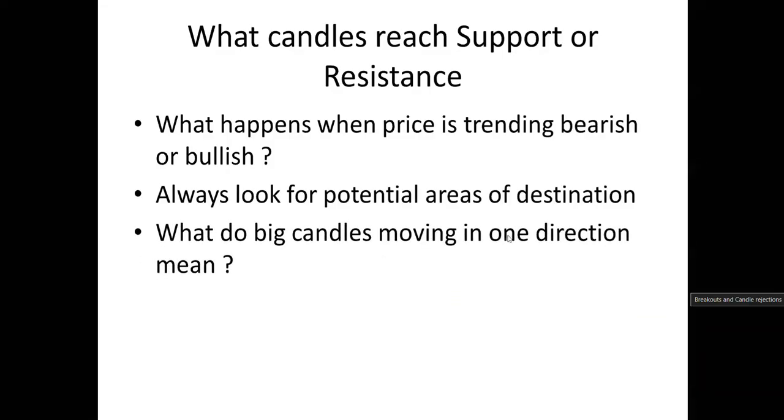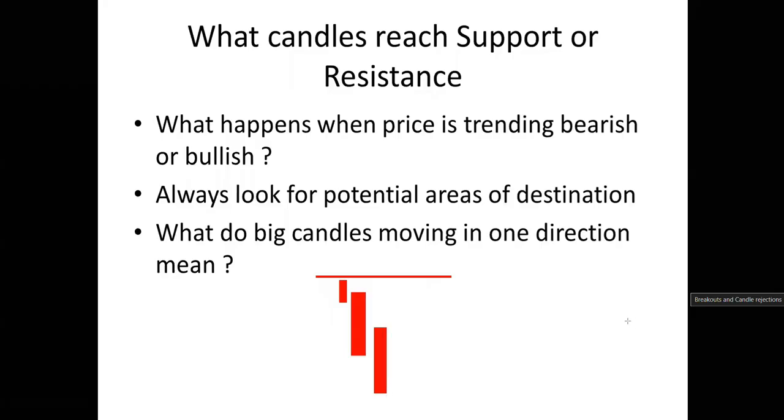Now, what do big candles moving in one direction mean? So let's say that you come to the charts, and what you see is that you had resistance and price forming, and you have big candles moving. What does this mean? When you have big candle moves and you missed that trade, that means those big candles were your trades.